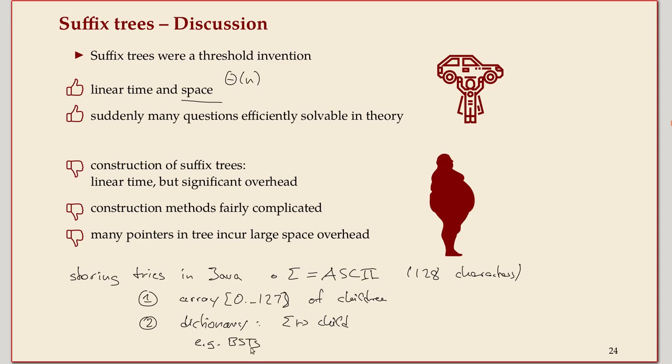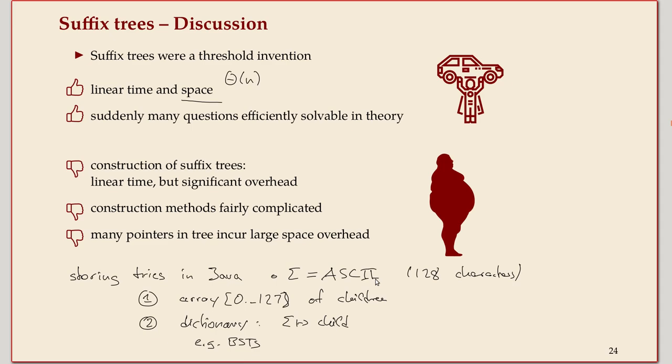So this is fine. That gets the space a little down. Not by very much, but a bit. But then you don't have constant time access anymore, because at least if the alphabet is growing, you need extra time to search through this binary search tree now.